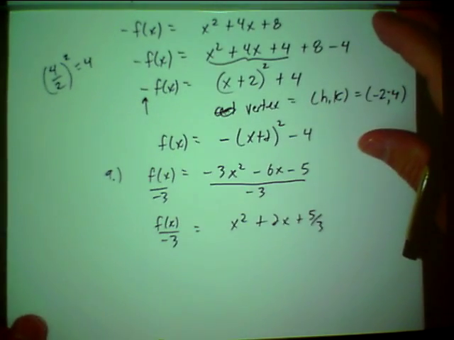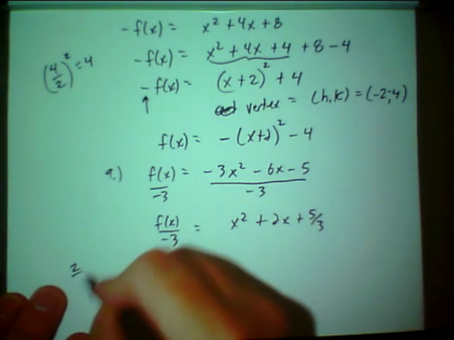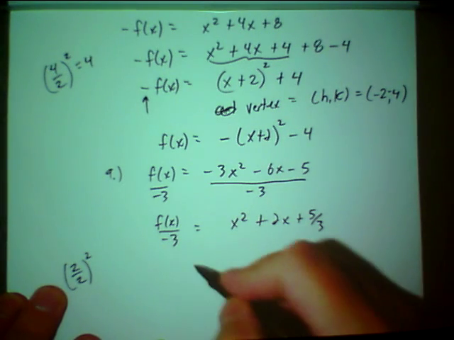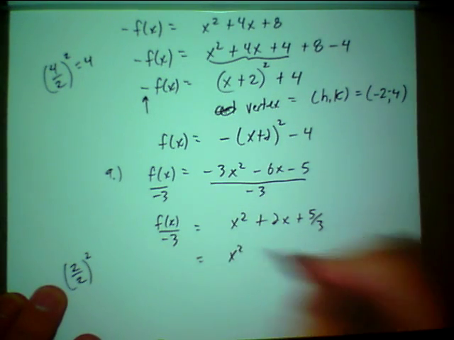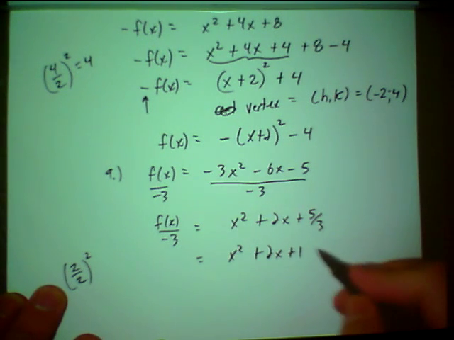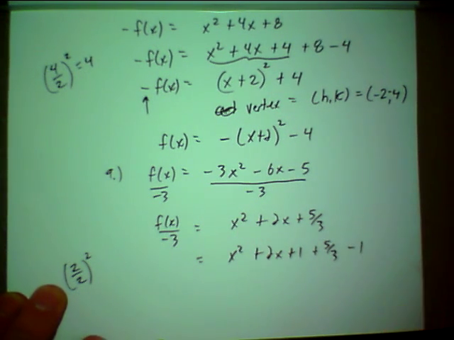So my special calculation, the coefficient of the middle term is 2. So 2 divided by 2 squared, that's just 1. So x squared plus 2x plus 1. The 5/3 gets bumped out. And because I added 1, now I'm going to subtract 1.